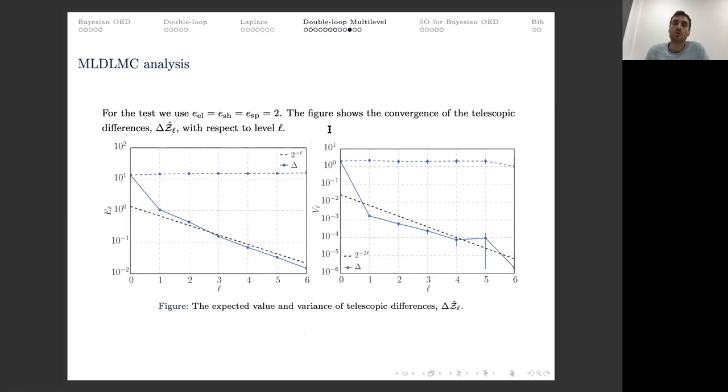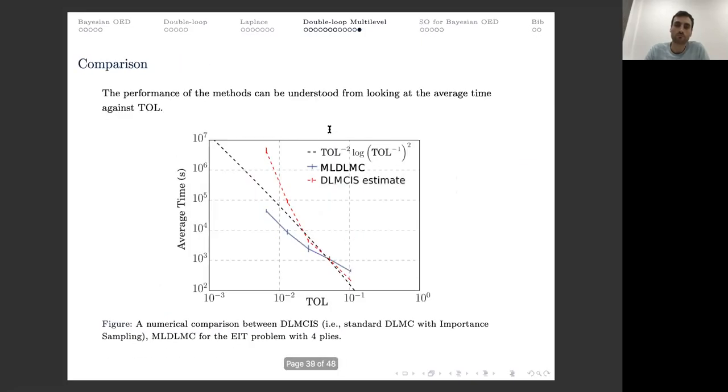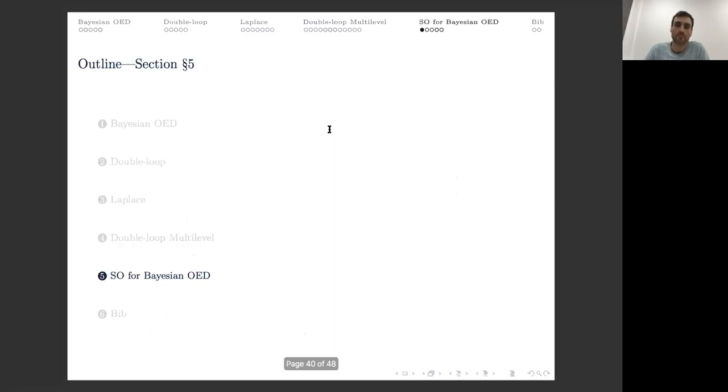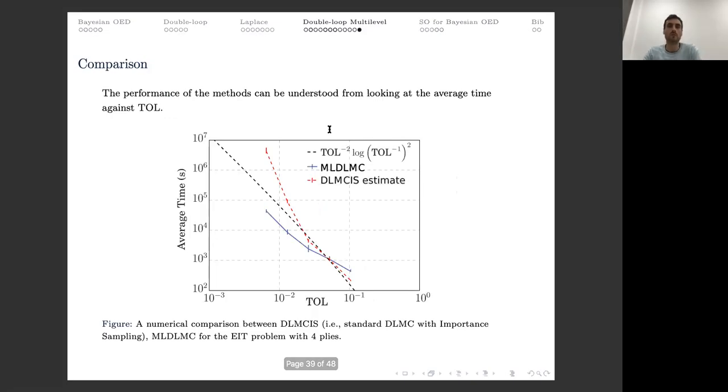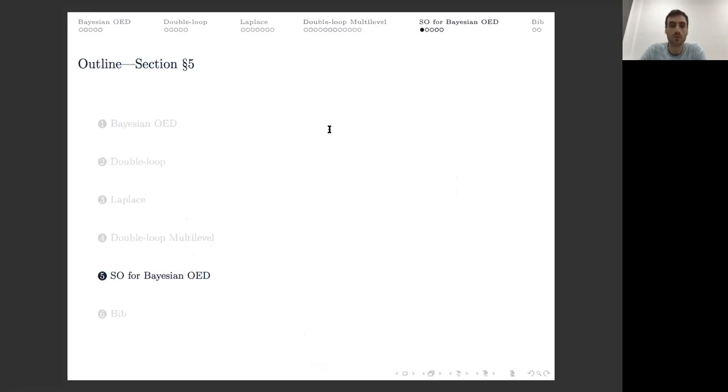You need to use a huge number of inner samples to satisfy these two assumptions. So that's why it's so crucial to use importance sampling here. And yeah, this is the message I wanted to convey about the multi-level double loop Monte Carlo.